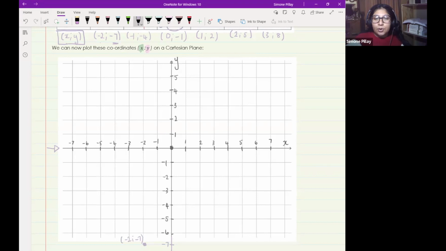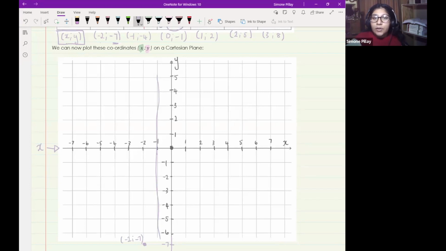Let's try our next point. Our next point was -1 and -4. Okay, so -1 is my x value, so I'm going to look on my x-axis. And this is -1 over here. So right now where I'm at is this line on -1. Okay, let's look at -4.